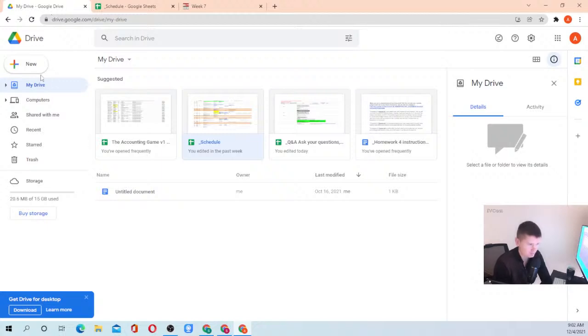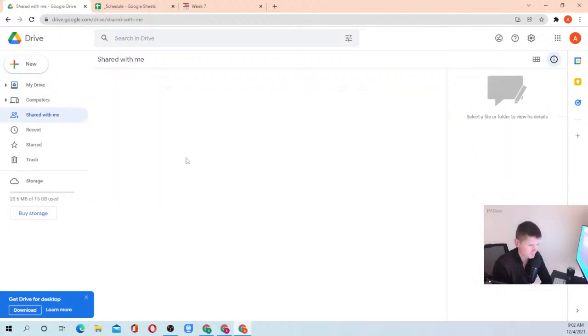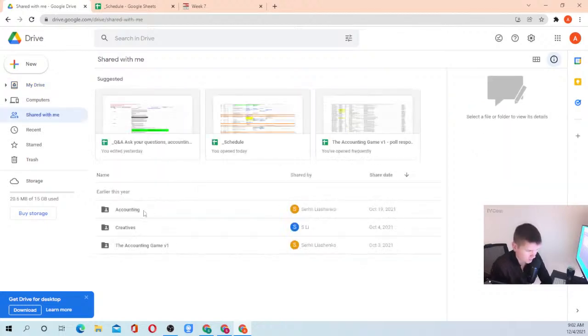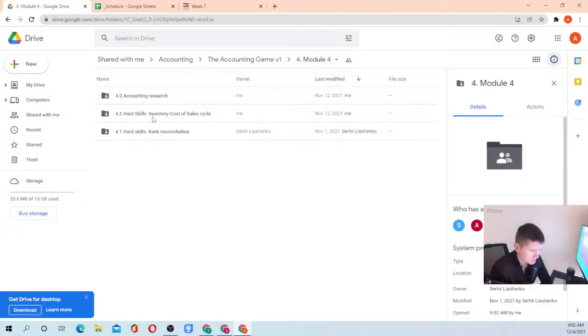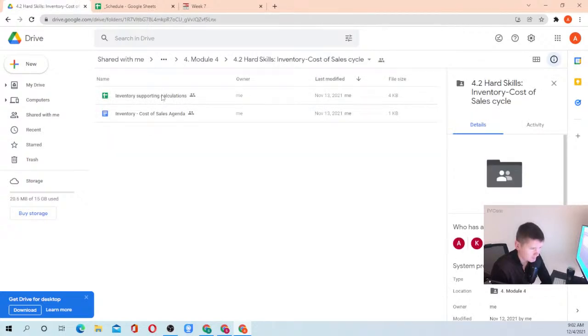Let me find inventory roll forward, cost of sales roll forward. Okay, module 4, did I put it here?